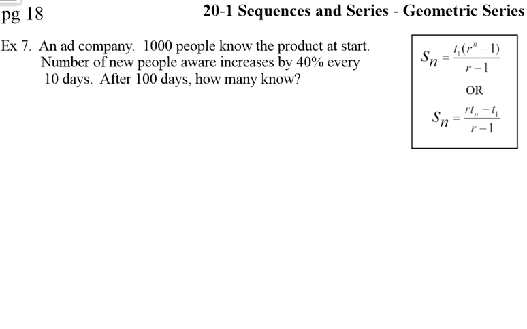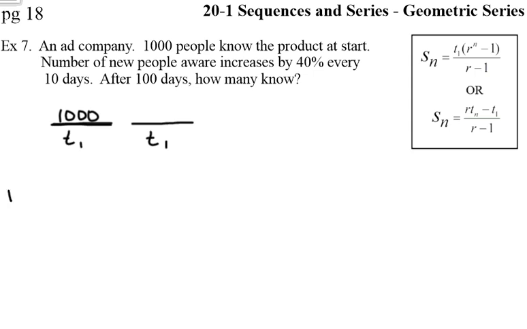As an ad company, you know there are 1,000 people on day 1. Term 1 is 1,000 people who know about your product. The number of new people aware of your product increases by 40%. So for term 2, my 1,000 will increase by 40%.